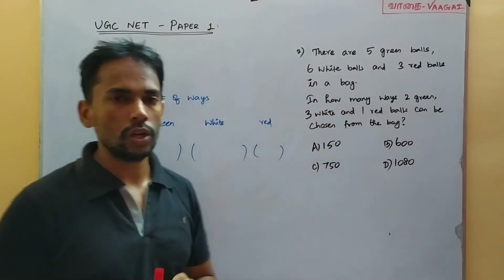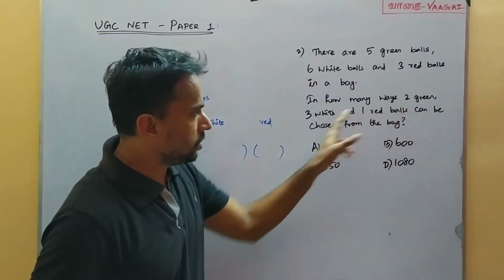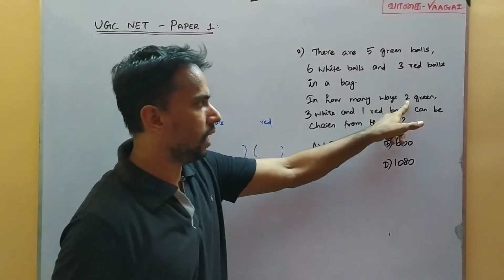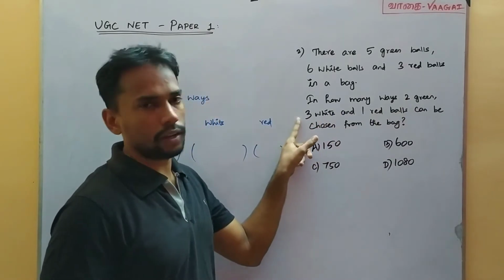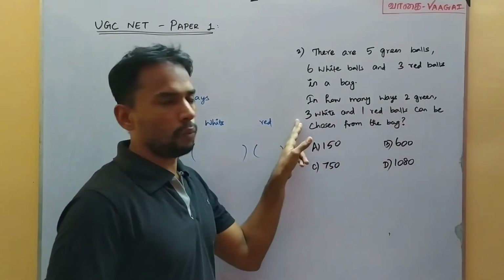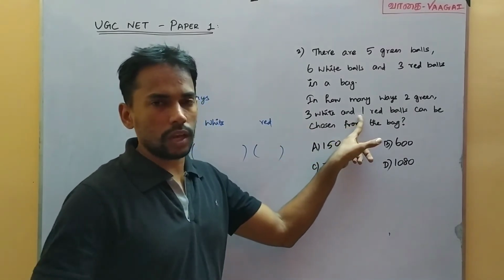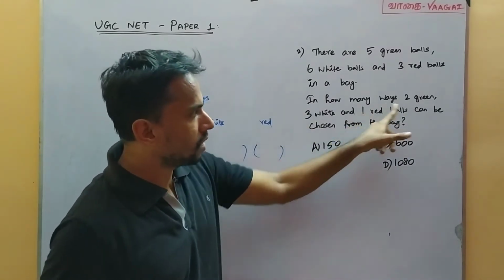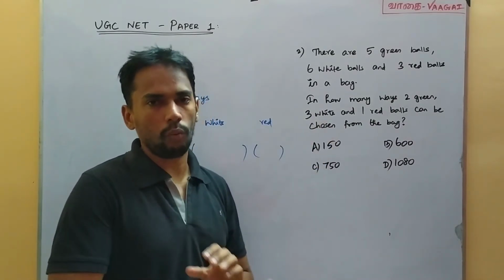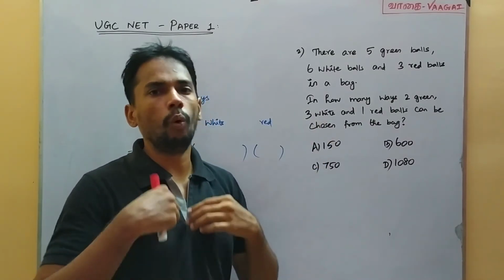Now if you see, for some colors the count is more than 1. Previously we had only 1 green, 1 white and 1 red ball. Here we have 2 green, 3 white, but red is the same 1. So for green and white, the count we need to choose is more than 1.